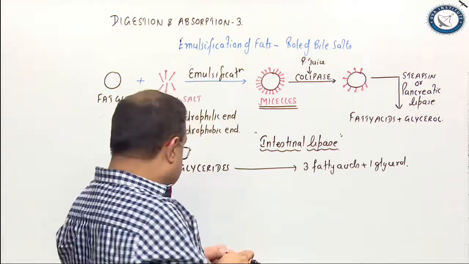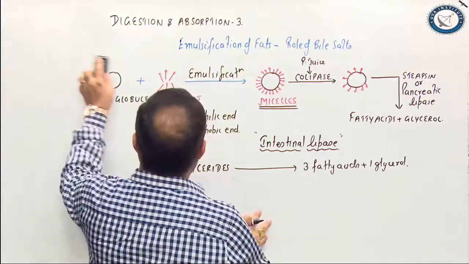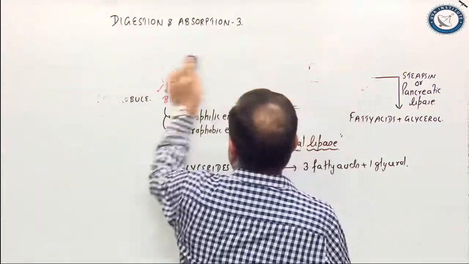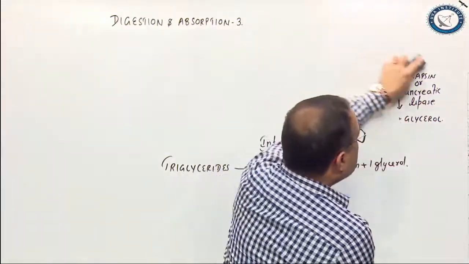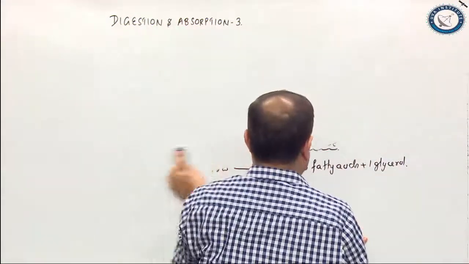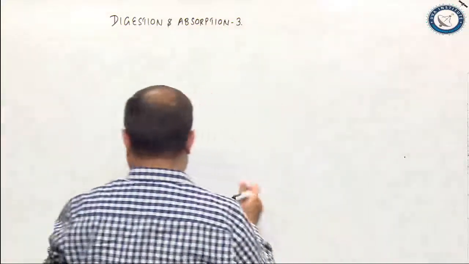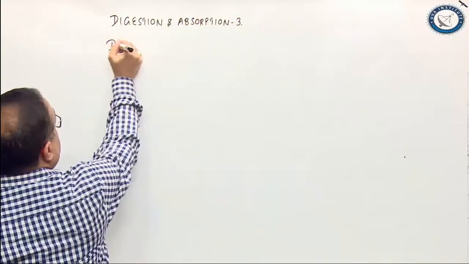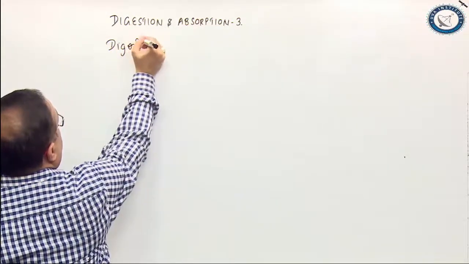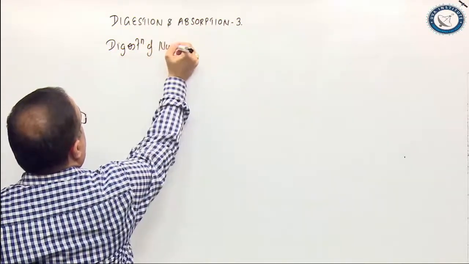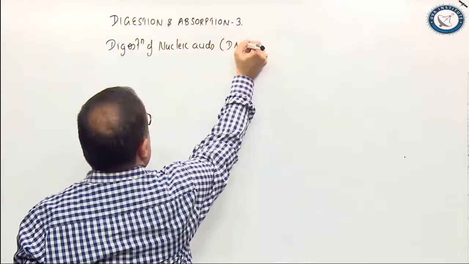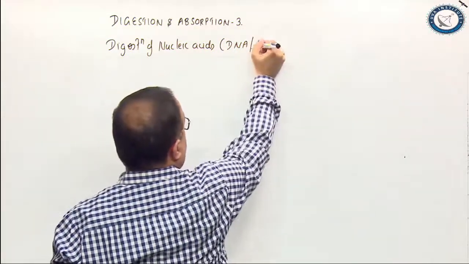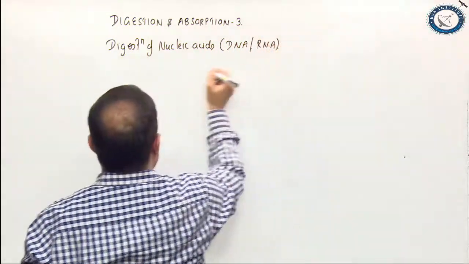Now, let us quickly see the digestion of nucleic acids. Nucleic acids like DNA, RNA also form a minor component of our diet. Deoxyribonucleic acid, DNA, ribonucleic acid, RNA.